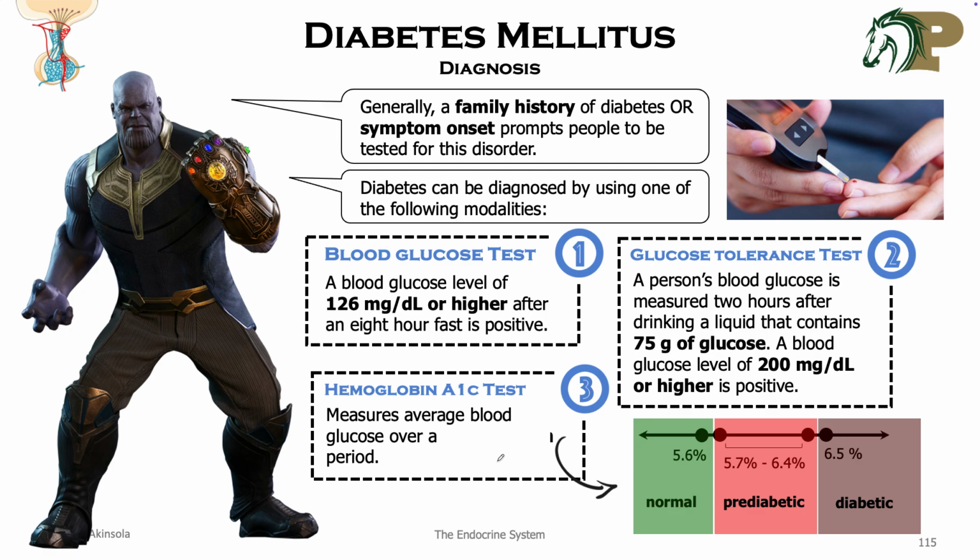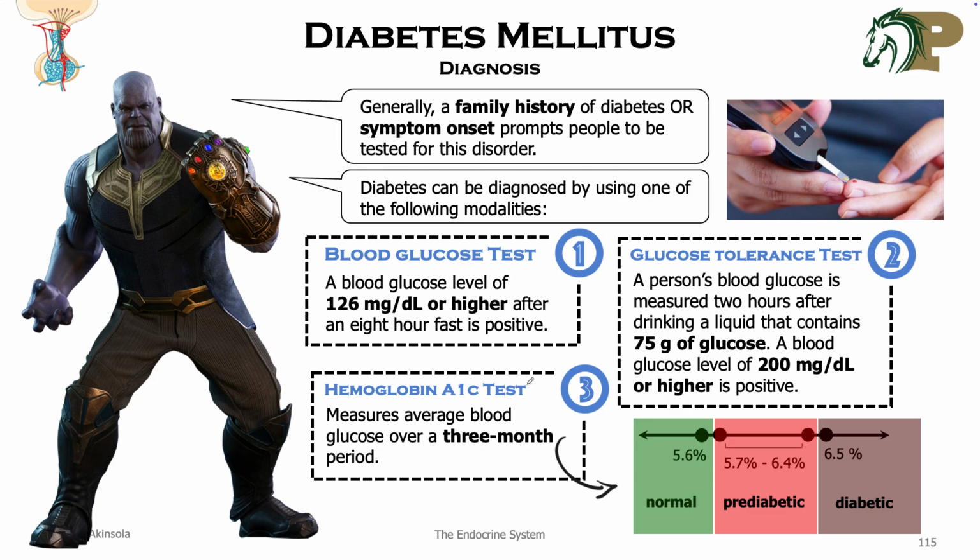And then lastly, we have the hemoglobin A1C, which measures average blood glucose over a 3-month period. A good way to describe this: the blood glucose test is kind of like a snapshot in time, what your blood glucose looks like on a particular day, at a particular time, at a particular moment, whereas the hemoglobin A1C is more like a video.